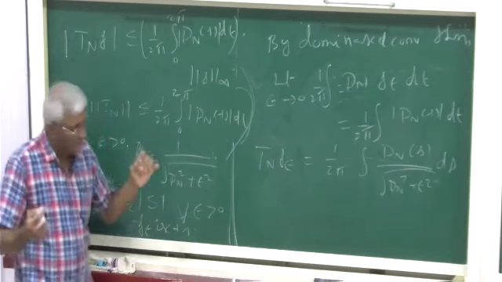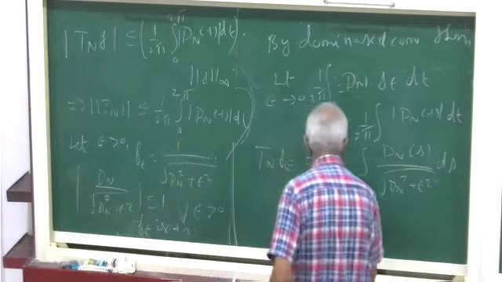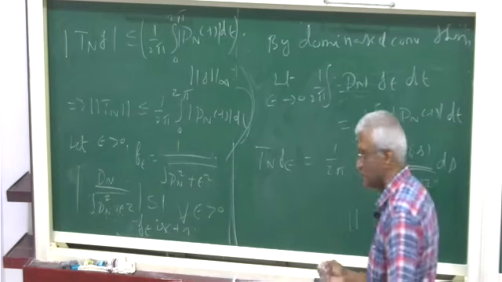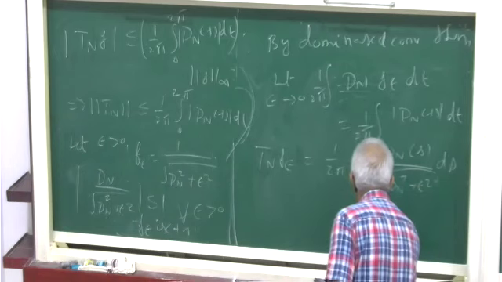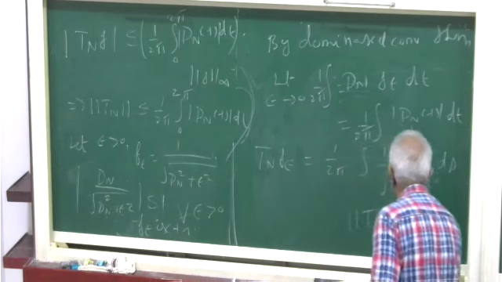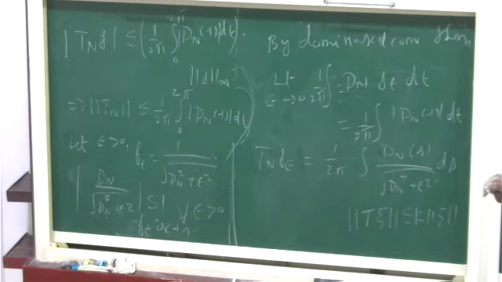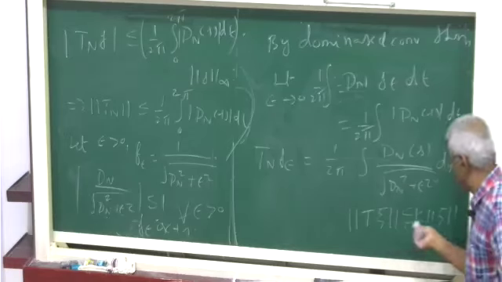If you want, let me repeat. If you compute the norm of something, in any space, we want to prove that the norm of this is equal to this number. First, we prove that this is less.